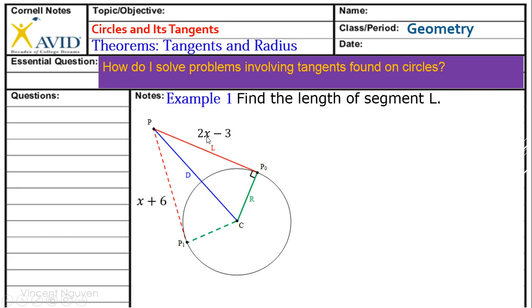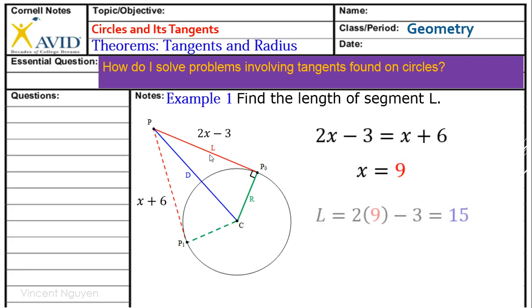To solve for x and find segment L, we set up an equation setting the two segments equal to each other. We solve for x by adding 3 to the other side and subtracting x, so x equals 9. That's a pretty simple equation.